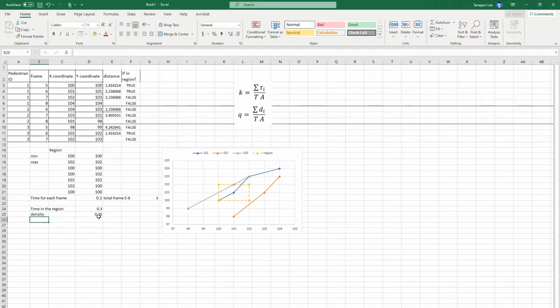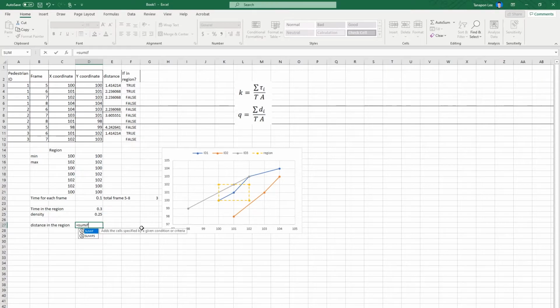Now we can calculate the flow. The flow is the sum of all the distances traveled by pedestrians divided by capital T and A. So we need to find the total distance inside, the distance in the region. So we're going to use sumif, summing the distance if this is true.